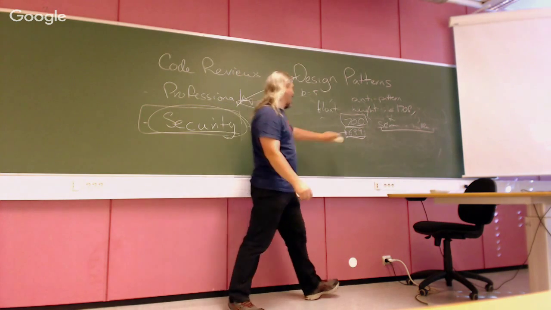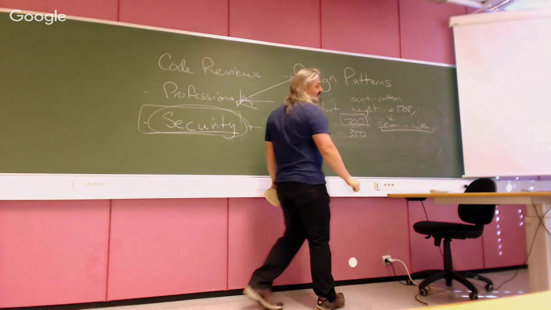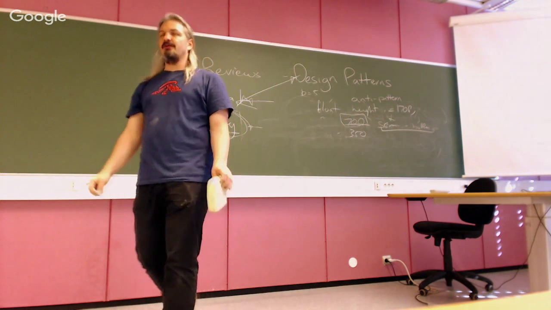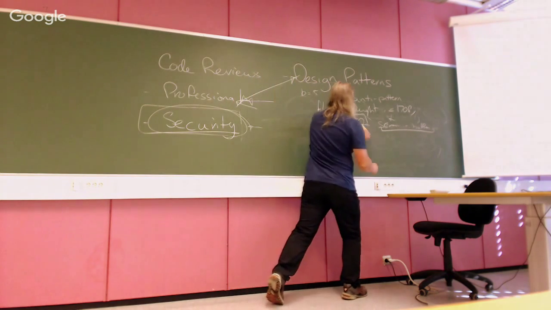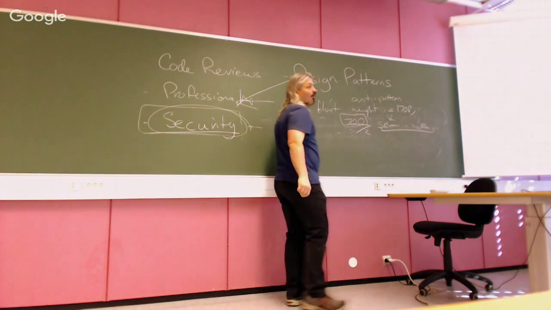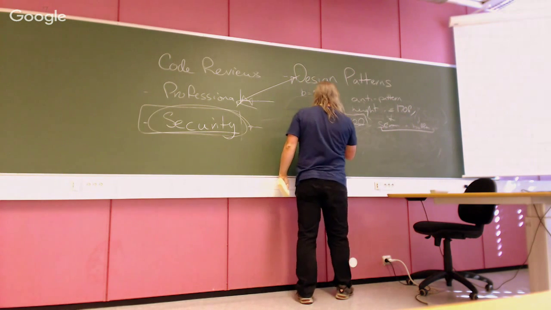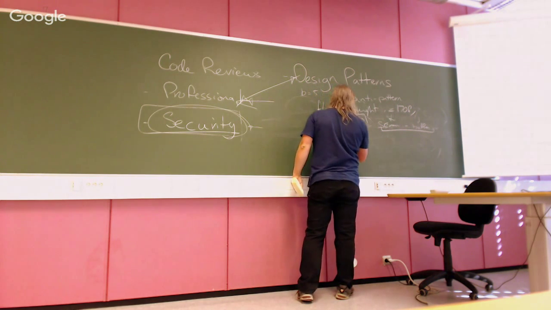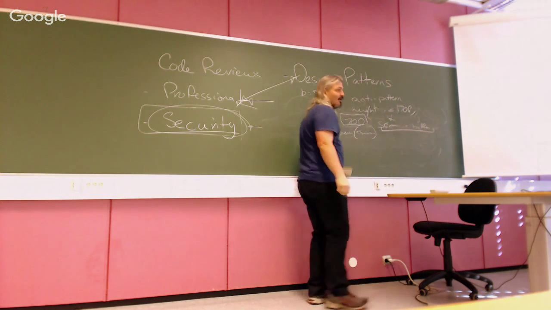If I need half the screen width, if I need 350, I never want to see 350 written in your code. If your screen's 700, you never write 350. You only ever write 700 divided by 2. Or even better, have a function half screen width, which returns 350.